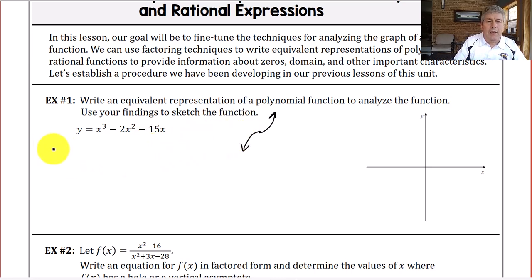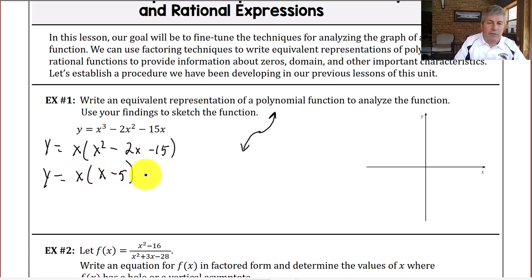So let's go ahead. We want to graph this, but we need to find the zeros. So let's go ahead and factor this function. So we have y equals x times x squared minus 2x minus 15. And that's still factorable. So let's continue to factor that to x times x minus 5 times x plus 3.